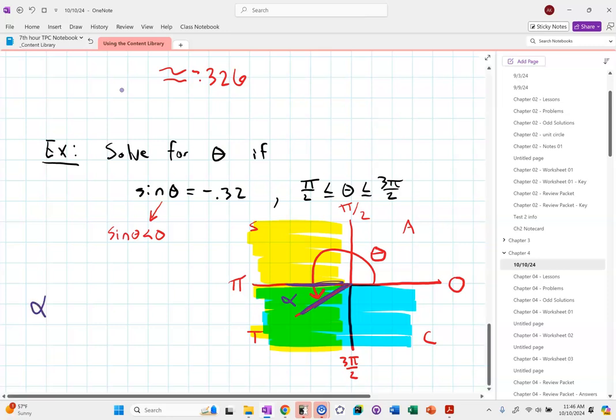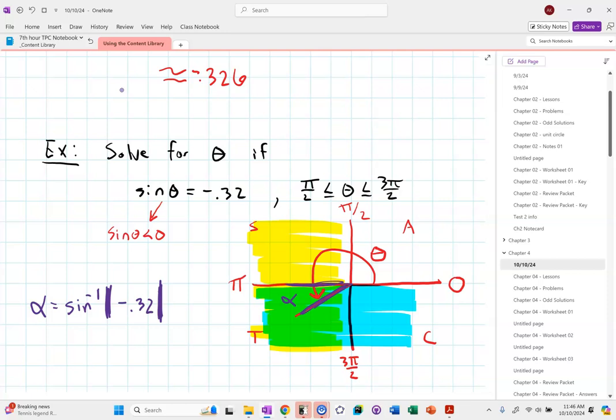And in our case, alpha is going to equal sine inverse of the absolute value of negative 0.32. Why is it sine inverse? Because it was a sine problem. Why is it negative 0.32? Well, because that was what the sine was equal to. Will it always be absolute value? Yes. So far, so good.